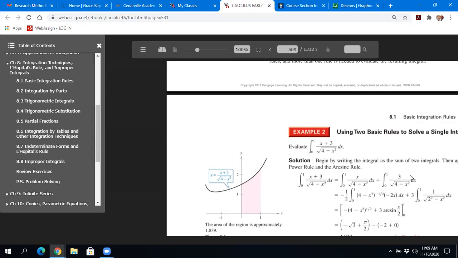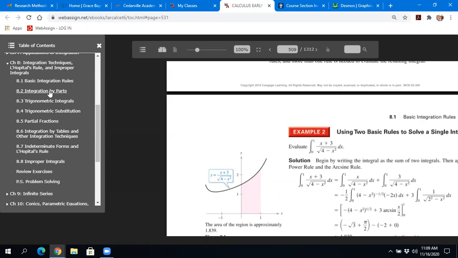They broke it up into 2 integrals, yes. And they basically said, well, look, this one I can do with a u substitution, correct? I can basically put u equal to what's under the square root. The x is almost the derivative of that. The second thing, 3 over the square root of 4 minus x squared, that you're going to apply the arcsine rule to, okay? And everything would collapse.